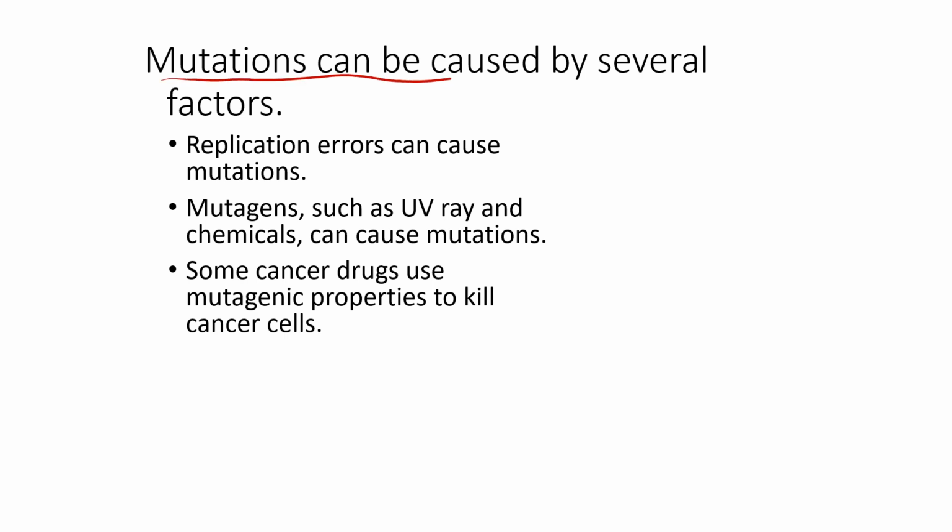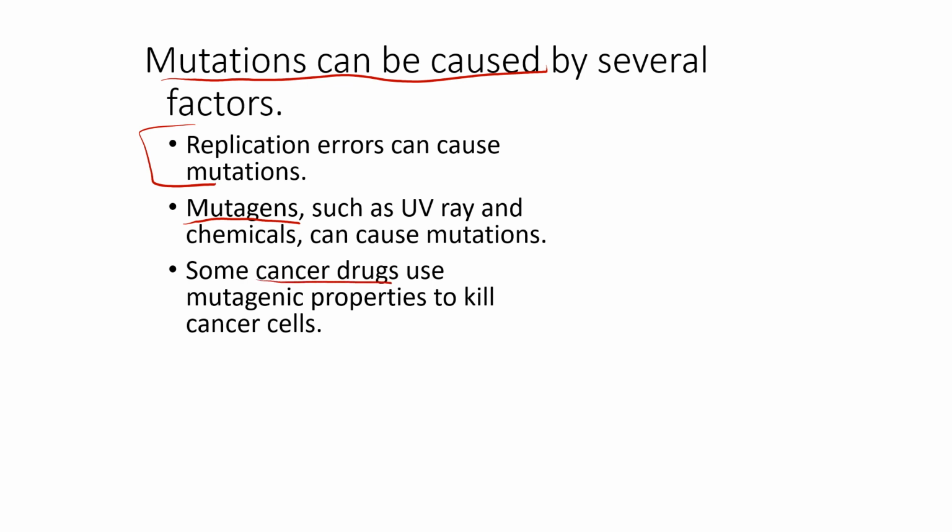Mutations can be caused by different things. You can have replication errors, like during mitosis, and this is just random chance. It just could happen, like a typo. You can also have things that cause mutation, like UV rays from the sunlight, chemicals such as asbestos and other things can cause mutations.